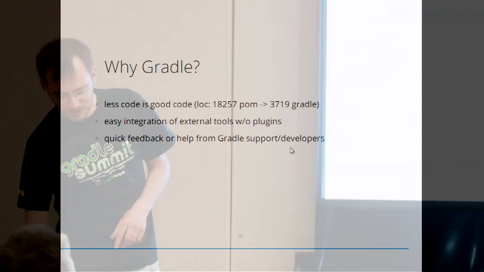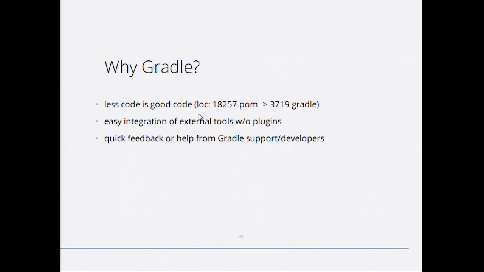Well, on that FedEx day, lines of code is not the best metric for quality, but you see 18,000 lines in pom.xml and 3,000 lines in Gradle files. I guess the smaller files are more manageable. Pom files are XML, and it's too noisy.